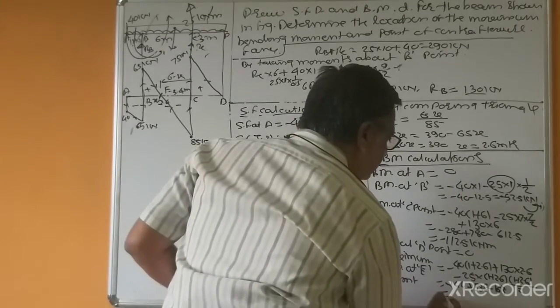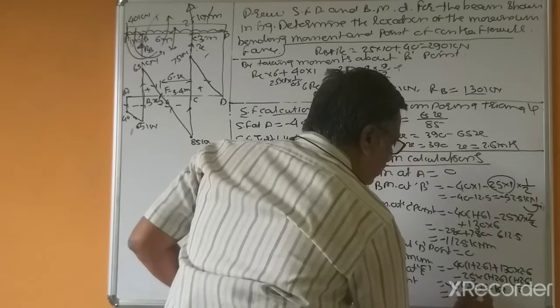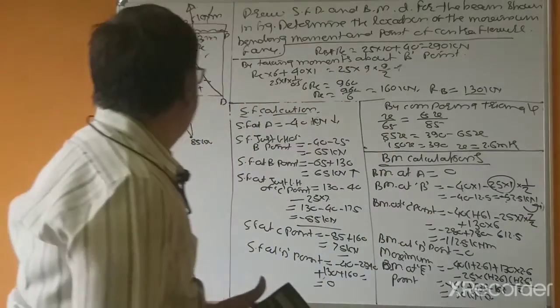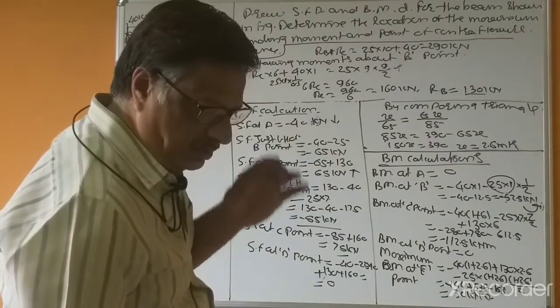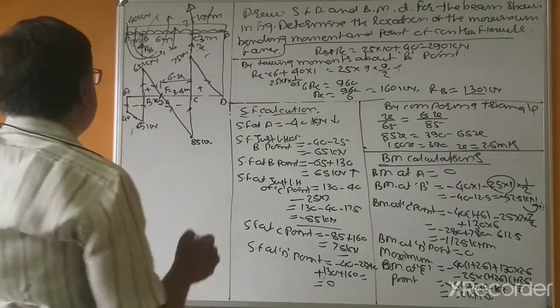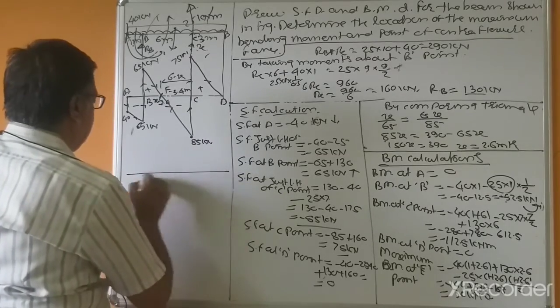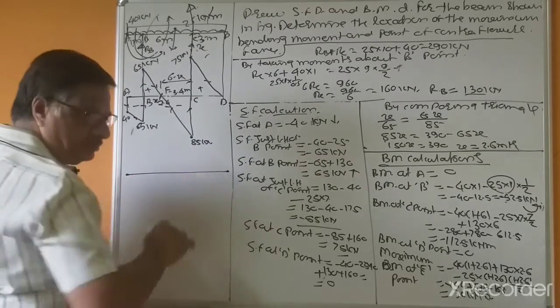This gives 32 kilonewton meter, and this is clockwise, right? So that's why we draw the bending moment diagram.